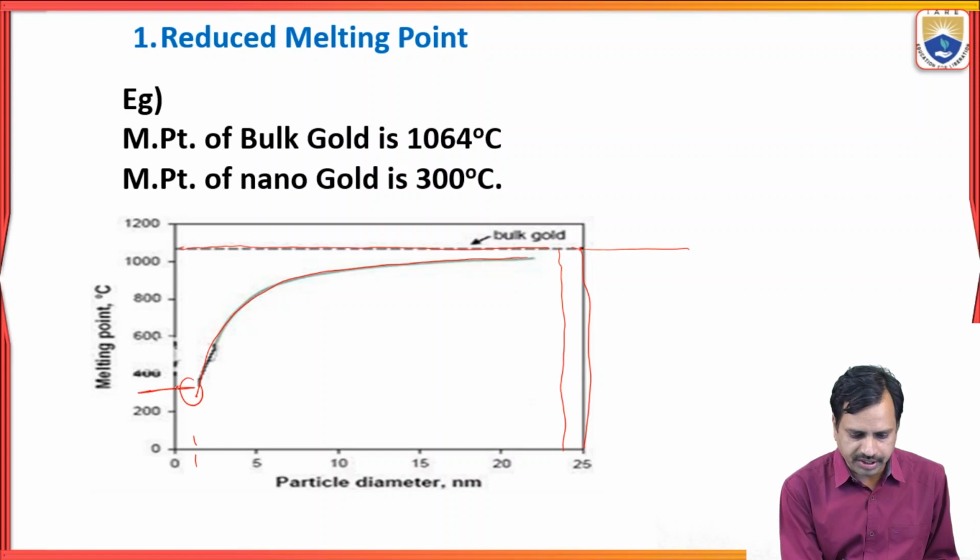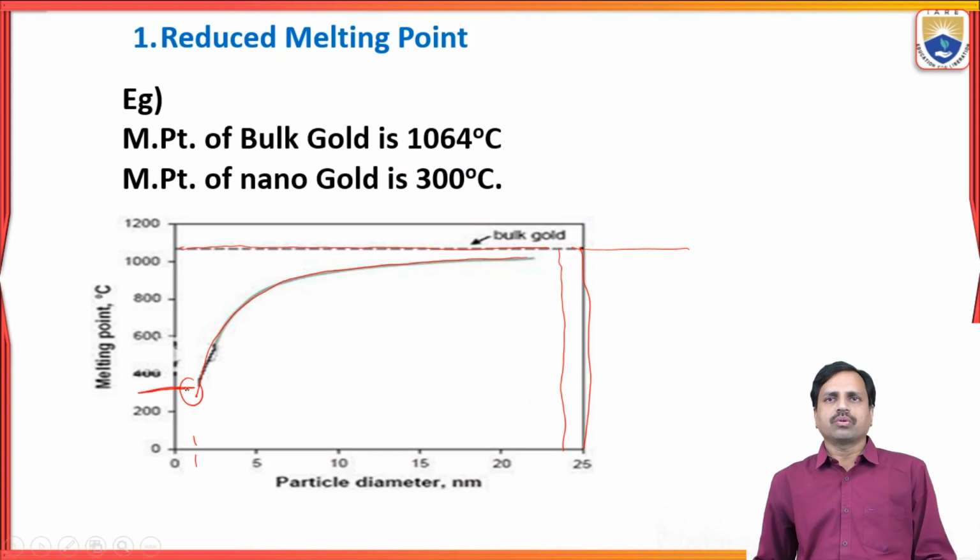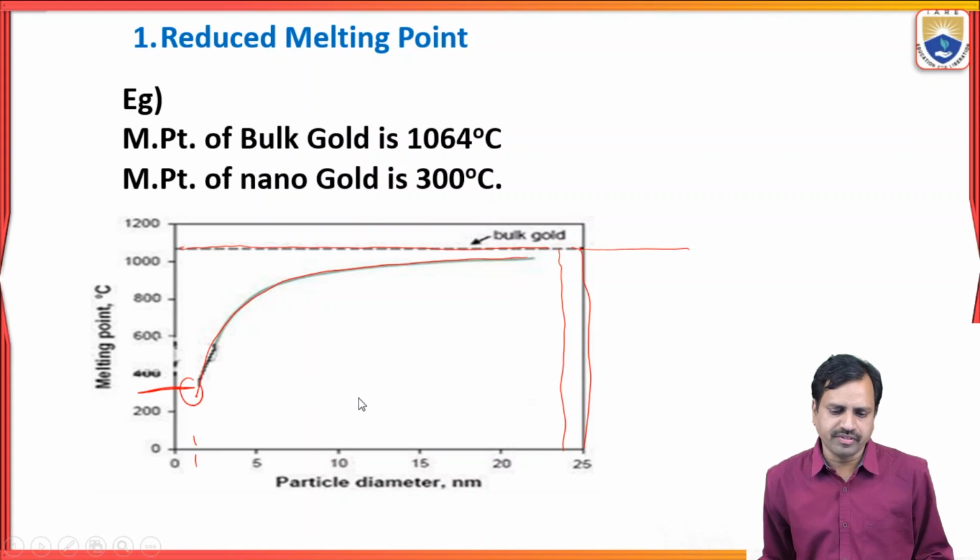The melting point is around 300 degrees centigrade. So this is one of the important factors in nanoparticles. When we bring the nanoparticles down to their very least size, the melting point is reduced.